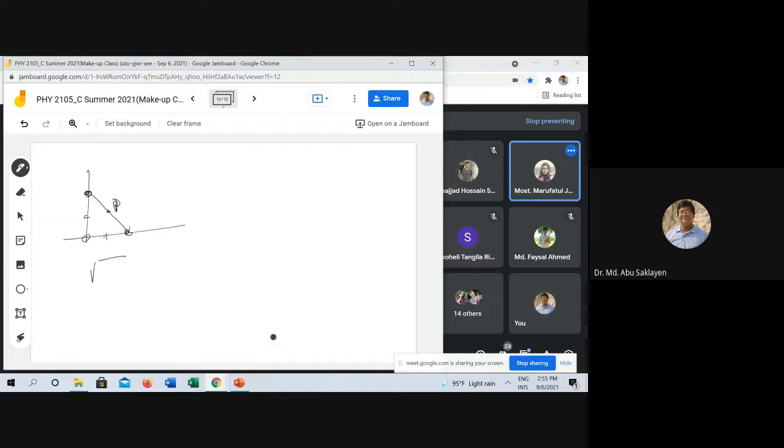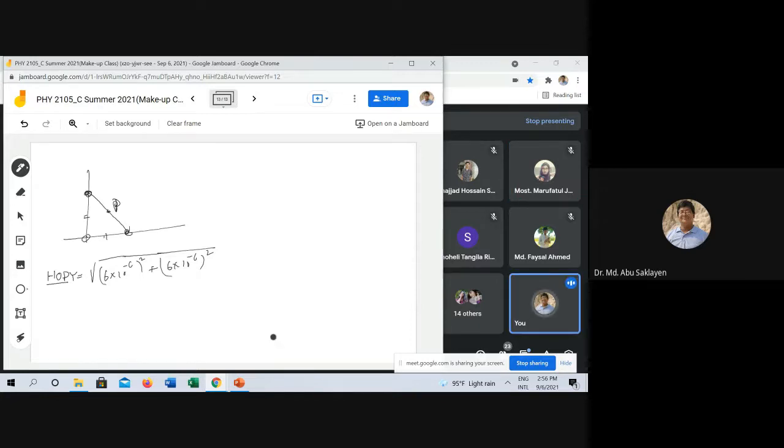Root over 6 into 10 to the power minus 6 whole square plus 6 into 10 to the power minus 6 whole square. And the distance from Q1 and Q2, this is the hypotenuse, right?